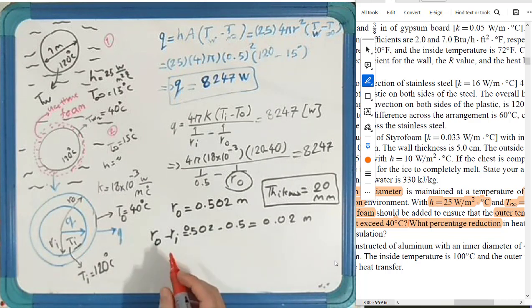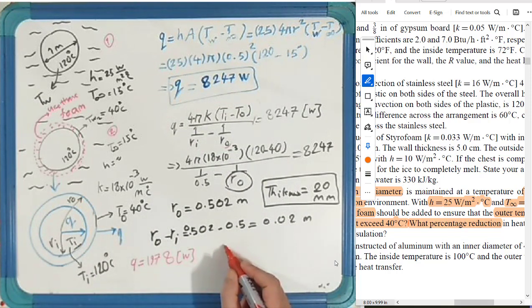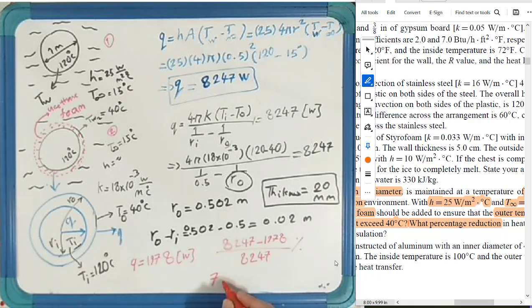If we calculate Q, we get 1978 watts. If we subtract, 8,247 minus 1978, divide it by this number again, and multiply by 100%, it would be 76%. The second section of the problem would be like that.